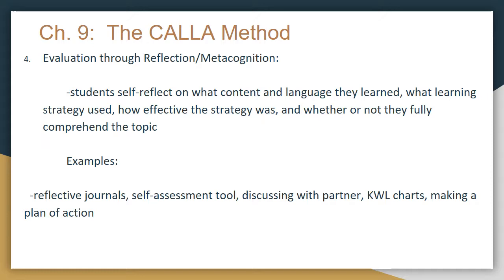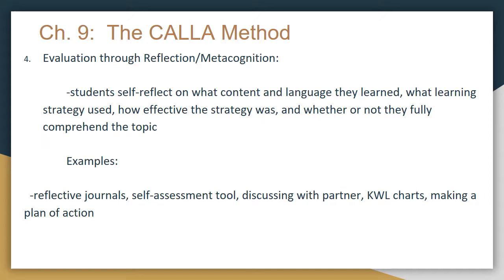Further, they could also reflect on whether they understood the material, or whether they still have some lingering questions. Likewise, they could reflect on how they could have learned the material better the next time, or what methods worked for them that they'll use the next time, and what areas they'll refine in their learning. So they're taking control and authority over their learning.